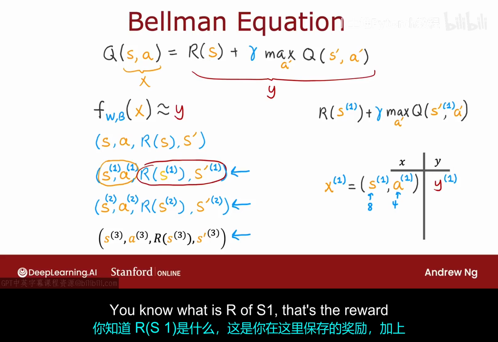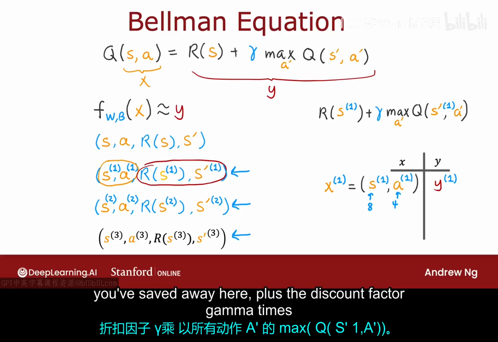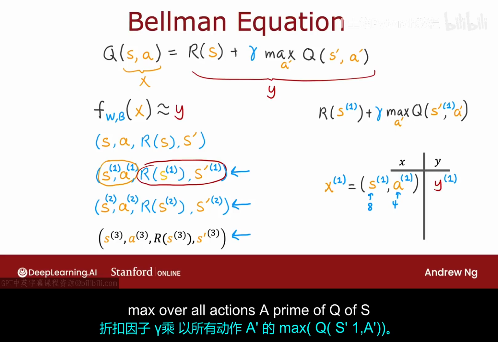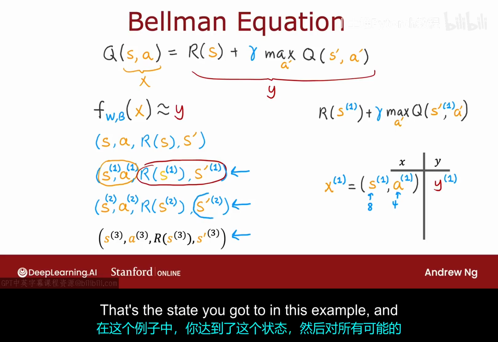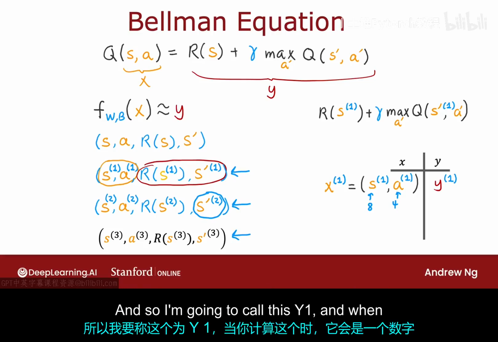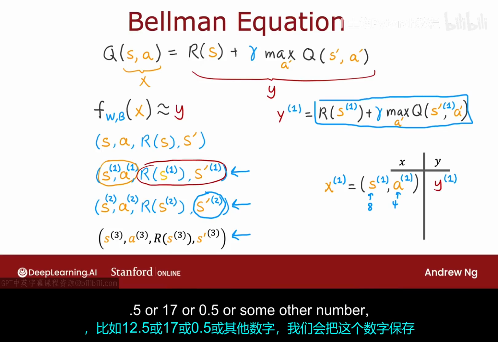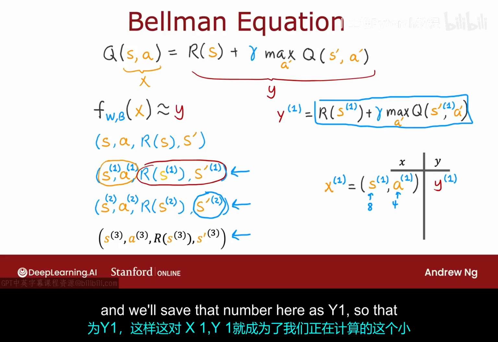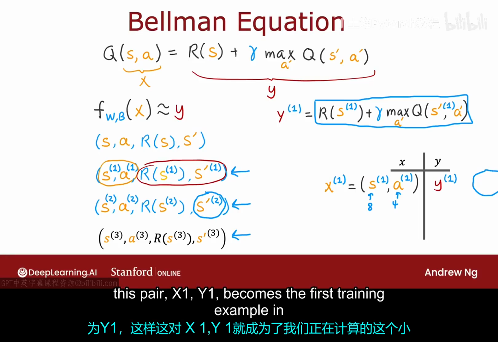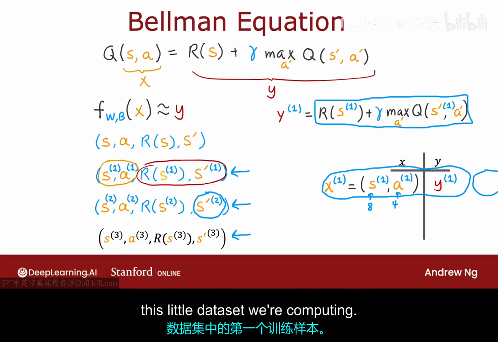You know what R of S1 is, that's the reward you've saved away here, plus the discount factor gamma times max over all actions A prime of Q of S prime 1, that's the state you got to in this example, and then take the max over all possible actions A prime. And so I'm going to call this Y1, and when you compute this it will be some number like 12.5 or 17 or 0.5 or some other number, and we'll save that number here as Y1 so that this pair, X1, Y1, becomes the first training example in this little data set we're computing.